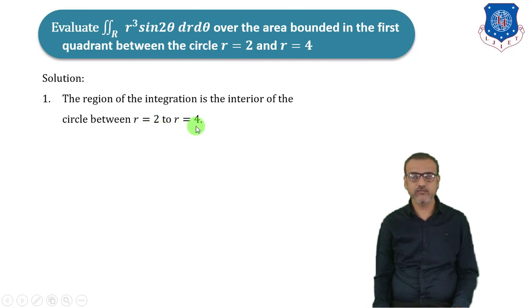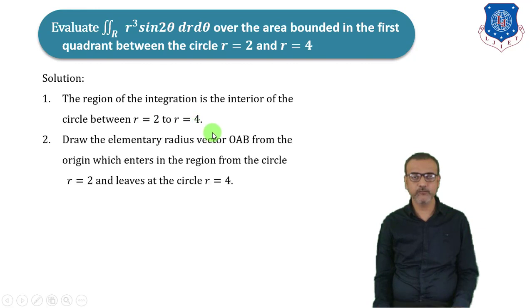That is nothing but the equation of a circle having center (0, 0) and radius equal to 2. Similarly, r equals 4 is the equation of a circle having center (0, 0) and radius equal to 4. The region of integration is the part between r equals 2 and r equals 4.